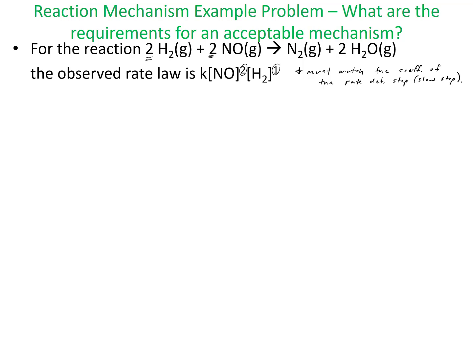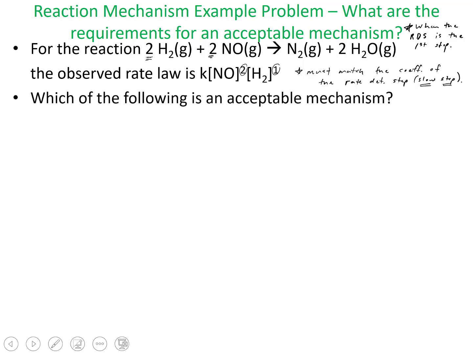Okay, and this is when the first step is slow. It's done a little bit differently when the first step is fast, and I'll show you two examples of that later. So this is when the rate determining step, we'll call it the RDS, is the first step.